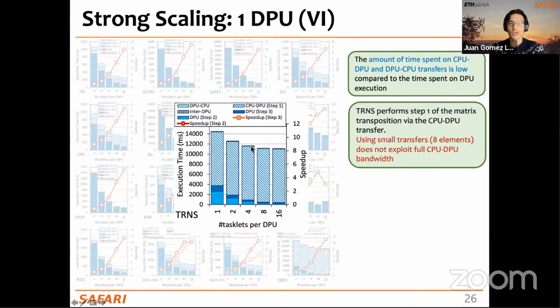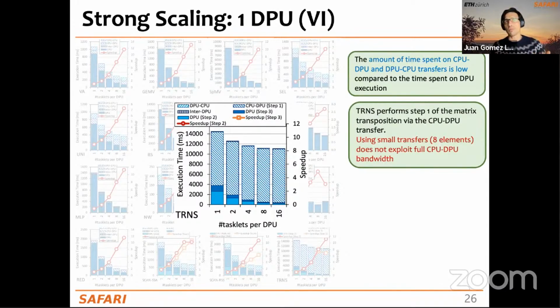this is not simply transferring a buffer from the main memory to the MRAM banks. Here, what we are doing is executing the first step of the transposition algorithm. I'm not going to go into the details of this transposition algorithm, but this is a 3-stage transposition in an architecture where we have a shared memory.